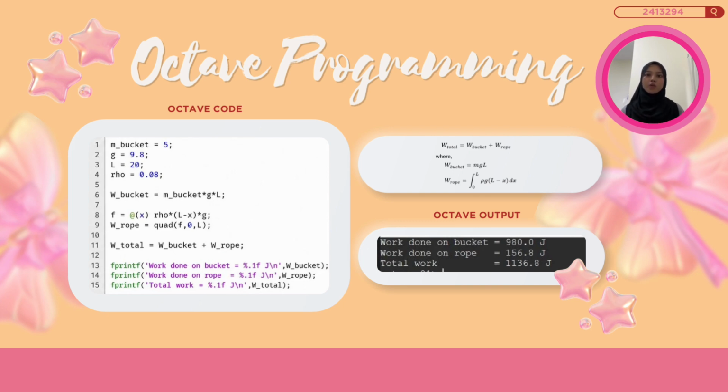Finally, we add both components to obtain the total work, W total equals W bucket plus W rope. The Octave output confirms our calculation, showing 980 joules for the bucket, 156.8 joules for the rope, and the total work of 1,136.8 joules. This demonstrates that Octave provides an efficient and accurate way to solve real-world applications involving definite integral and variable force.